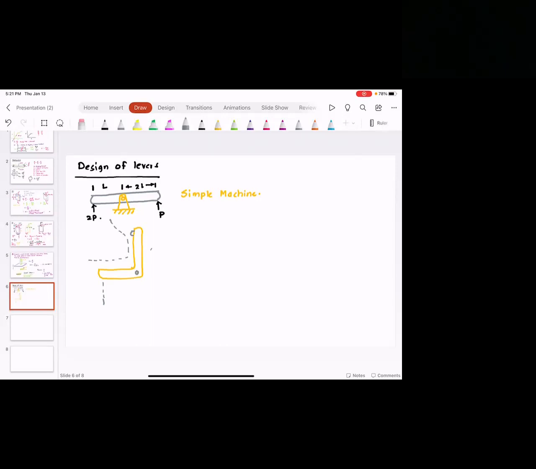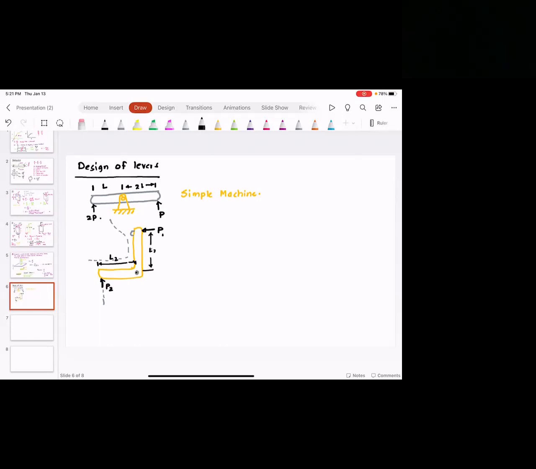In the bell crank lever, you have the same concept. So you have some load P1, you have load P2. This distance is L2. This distance is L1.